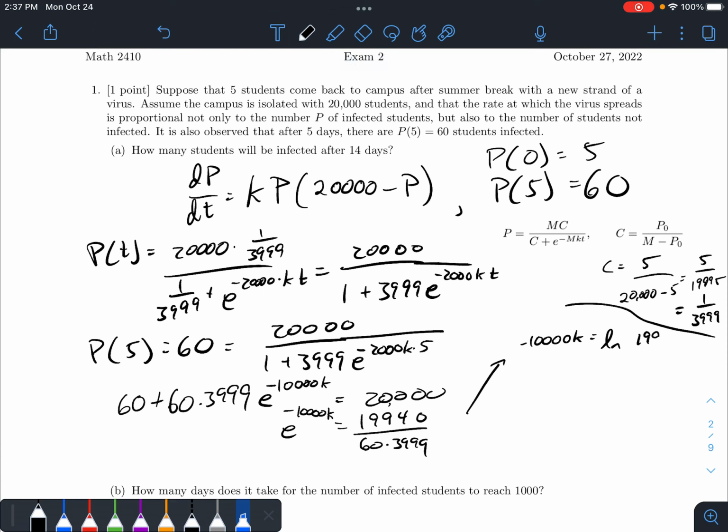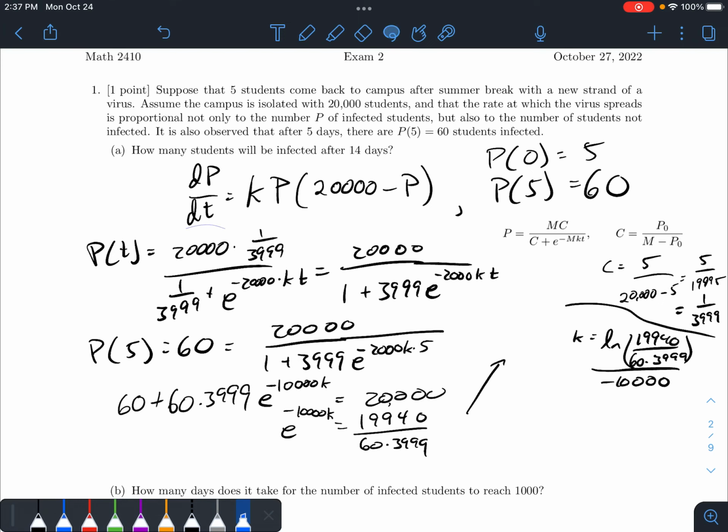Too many nines. And then we're just going to divide by negative 100,000 and get that k is just equal to this whole thing. Oh gosh, don't erase, I just wanted to put parentheses around here to clarify that. So that's our k value.